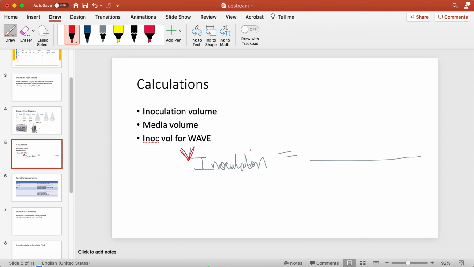We have a calculation. You have the target VCD times the media volume, right? VCD target times media volume.